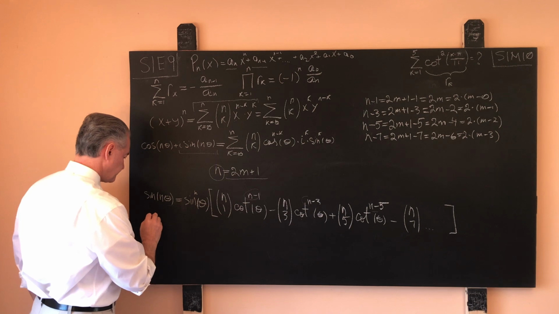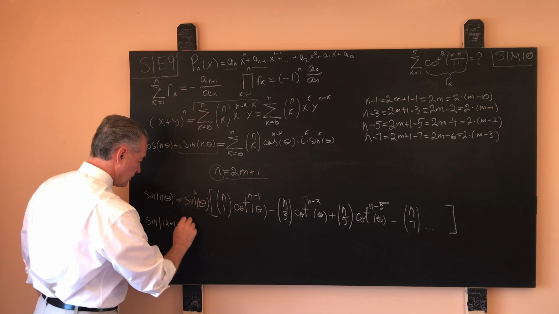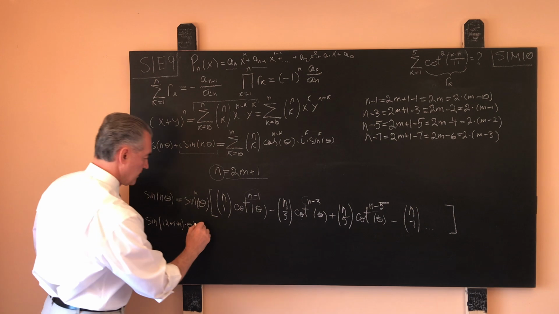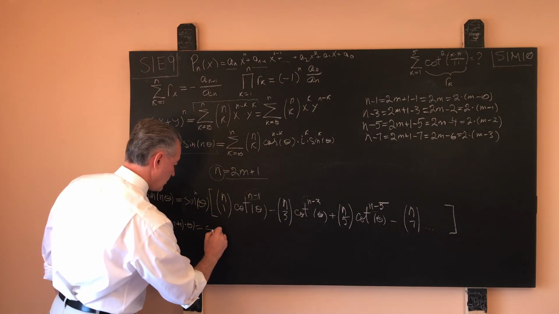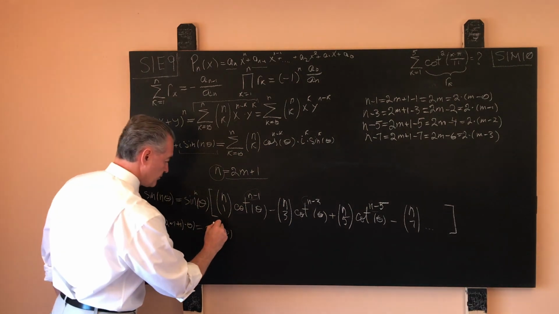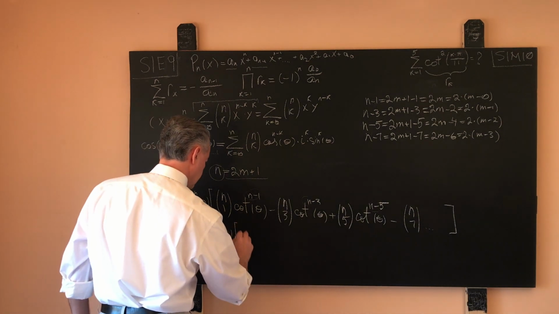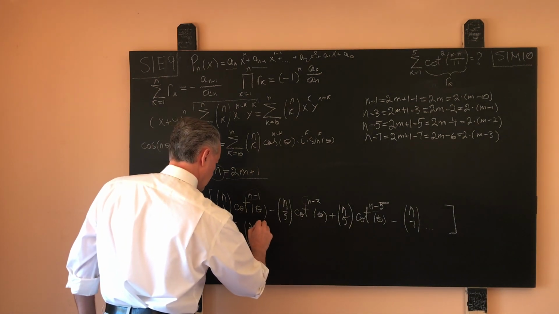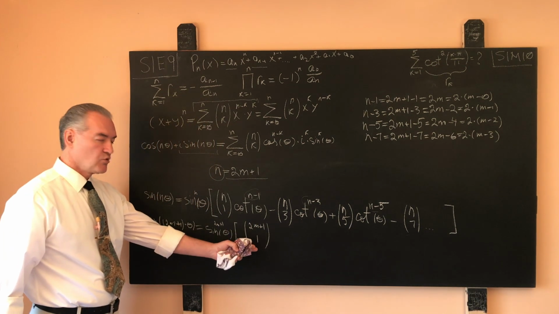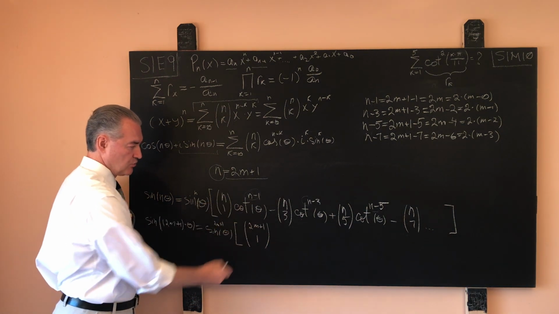We will have sine of 2m plus 1 times theta, it's this guy, equals sine of the angle theta raised to the power 2m plus 1 times 2m plus 1 over 1 for our binomial coefficient. We simply rewrote n as 2m plus 1 over here.